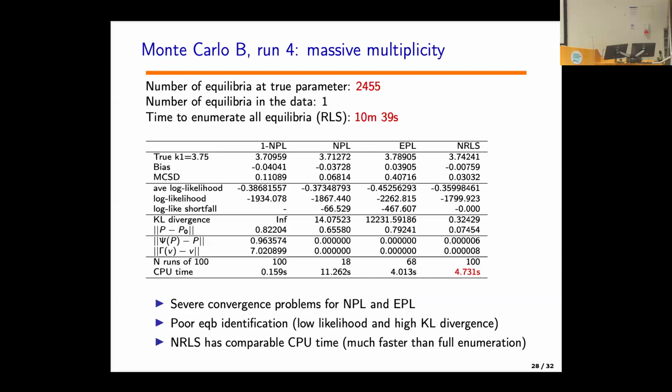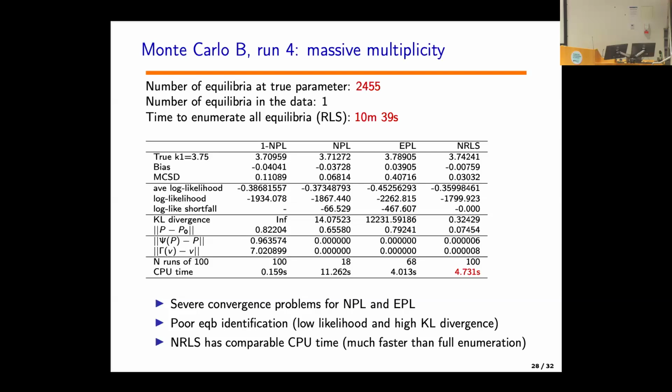Estimation, yeah, we do estimation in 4.7 seconds. Imagine that you did the full enumeration for all your trial values of the structural parameters, the brute force implementation of the nested fixed point algorithm. Then every time you want to evaluate the likelihood, you would have to compute all the equilibria, wait for 10 minutes, and then you get your likelihood correspondence.